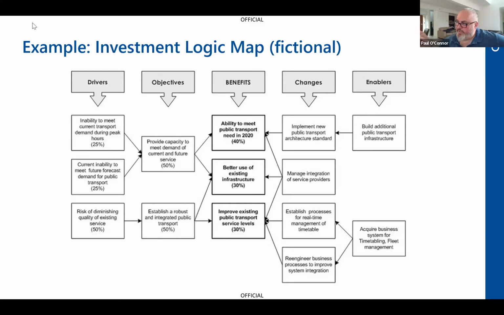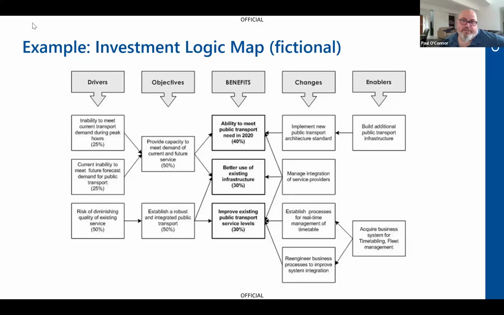So I think what we can see there is how they've linked those benefits. And once again, the weighting on the benefits can be quite subjective, and that's usually workshopped.